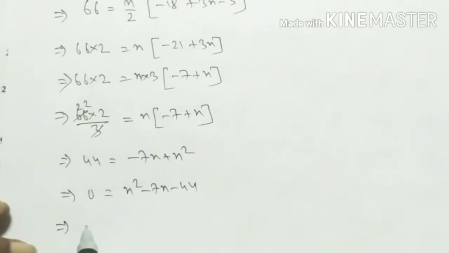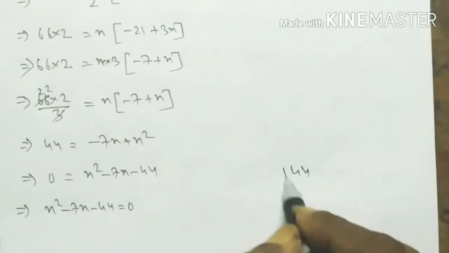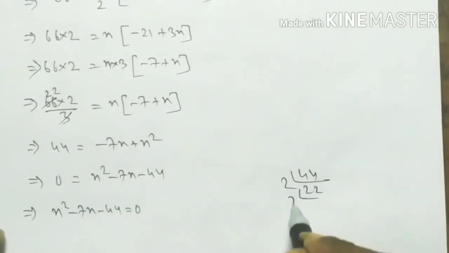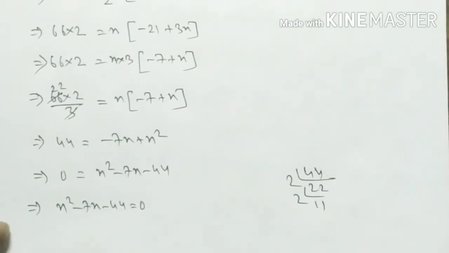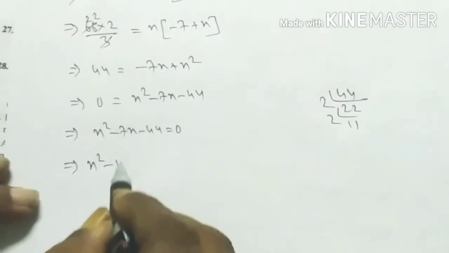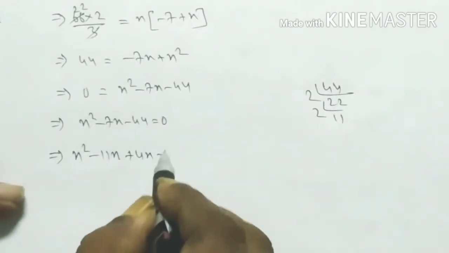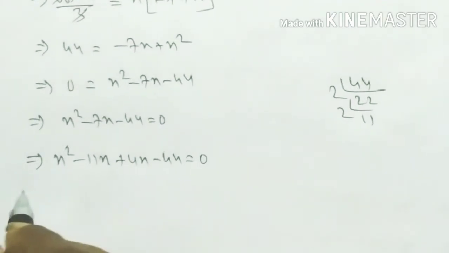For 44, prime factorization, 11 minus 4 is 7. So n square minus 11n plus 4n minus 44 equal to 0.